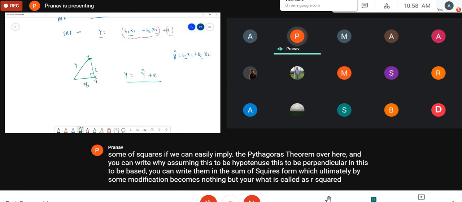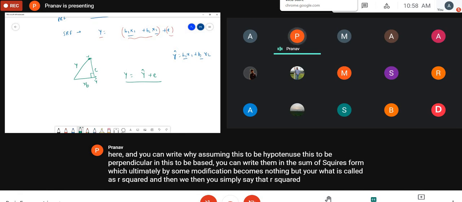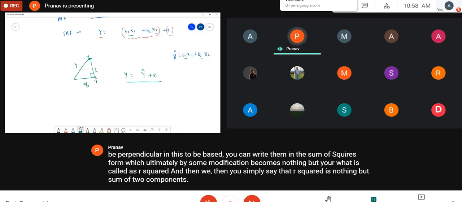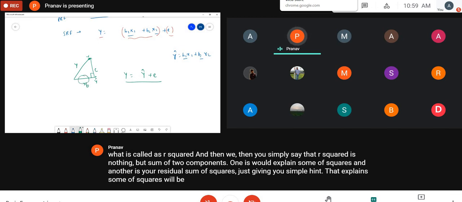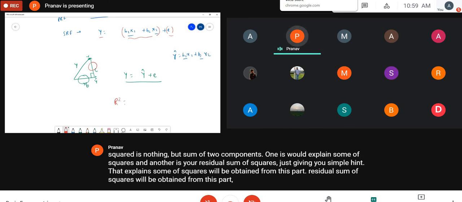And then you simply say that it is the sum of two components: one is your explained sum of squares and another is your residual sum of squares. Just a simple hint: the explained sum of squares will be obtained from this part, and the residual sum of squares from this part.